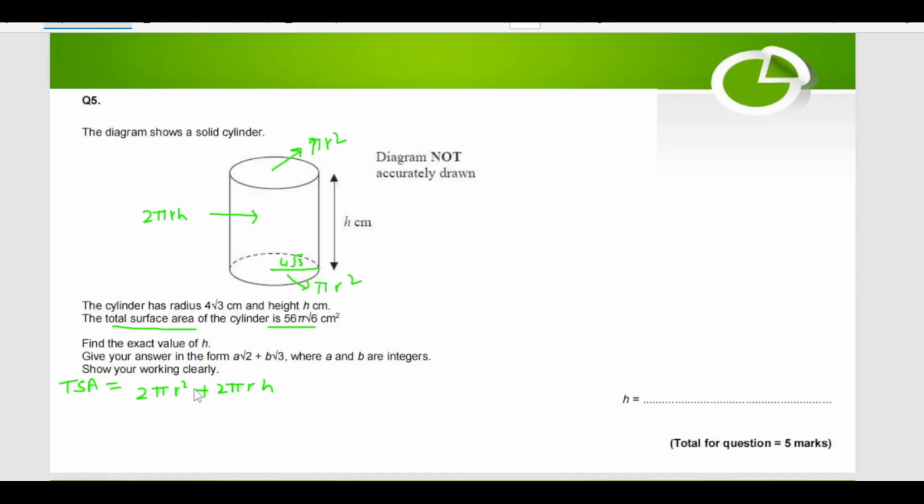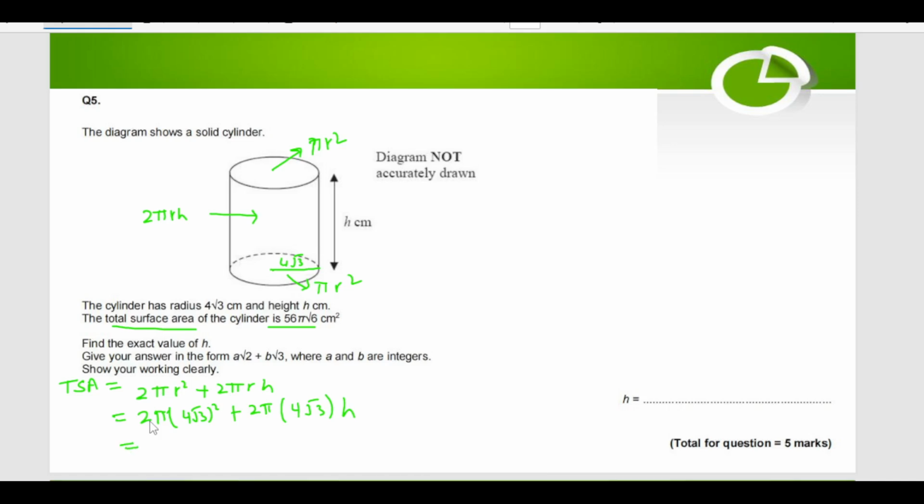Okay, so now we have here 2 pi, and r is 4 root 3, which is squared, and plus 2 pi, and r is again 4 root 3, and h. Okay, so we can simplify this.